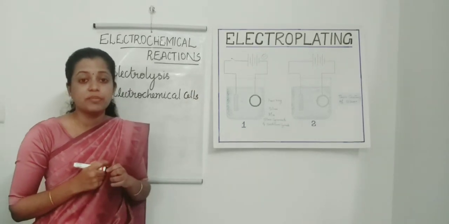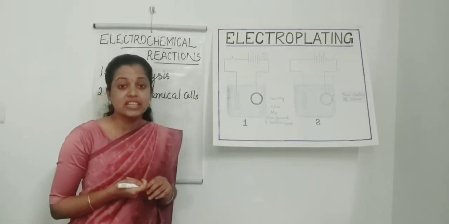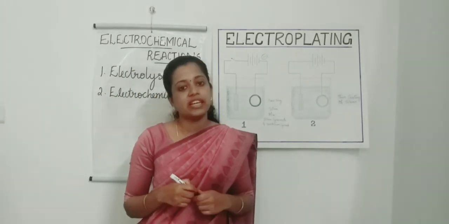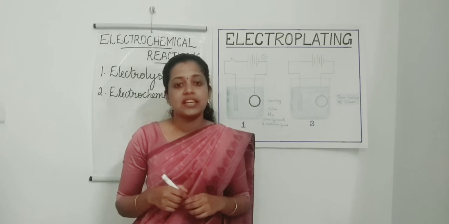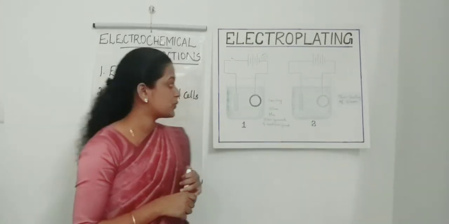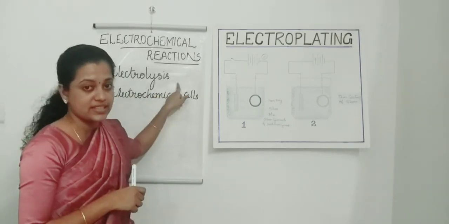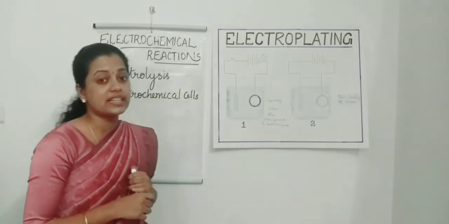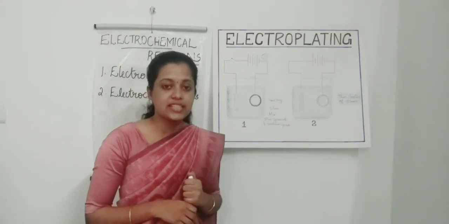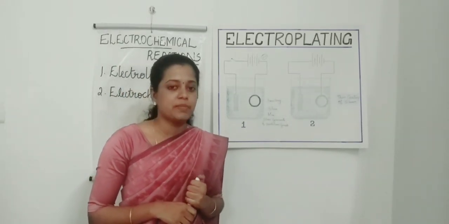What is an electrochemical cell? The apparatus in which electricity is liberated during a chemical reaction. And the third one we saw is electroplating. It uses the process of electrolysis, and electroplating is the process in which a thin coating of a particular metal is given on another metal.